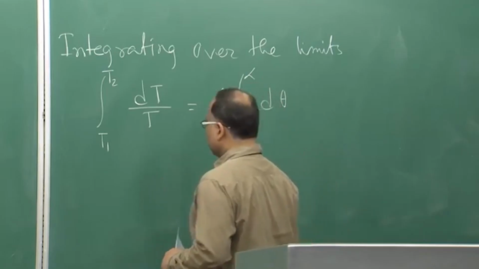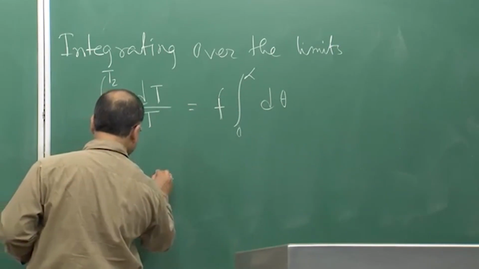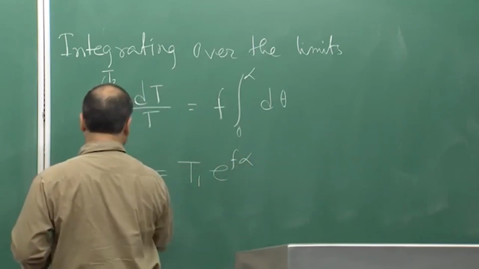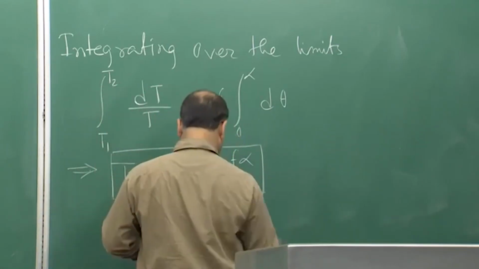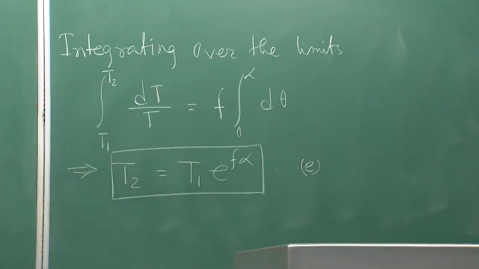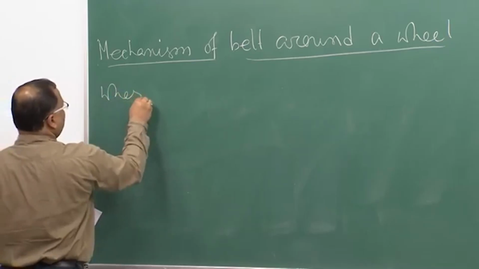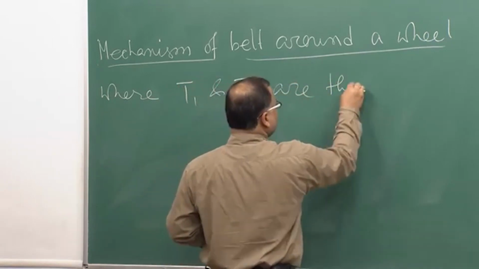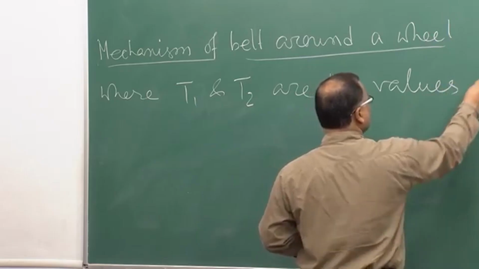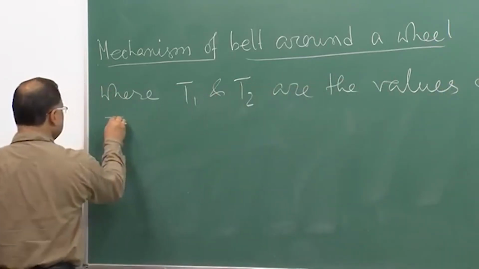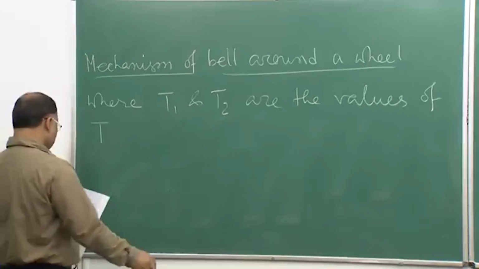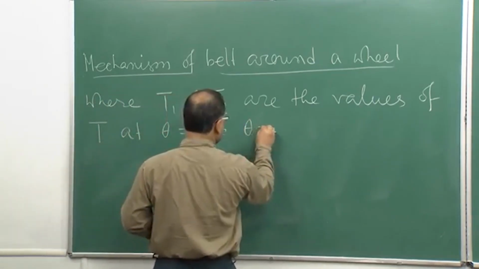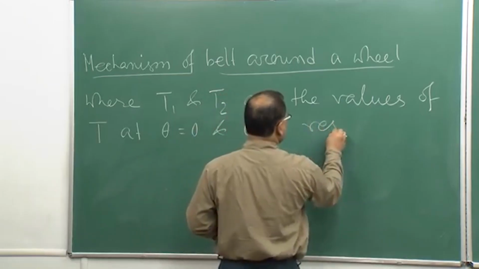From this I can simply get t2 equal to t1 e to the power f alpha, where t1 and t2 are the values of T, that is the tensile force T, at theta equal to 0 and theta equal to alpha respectively.